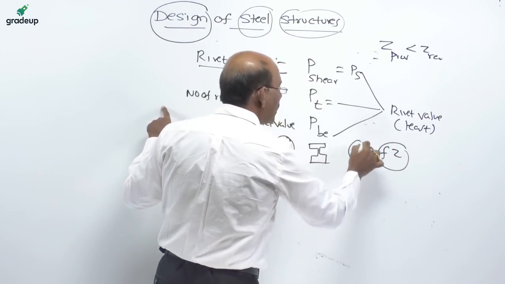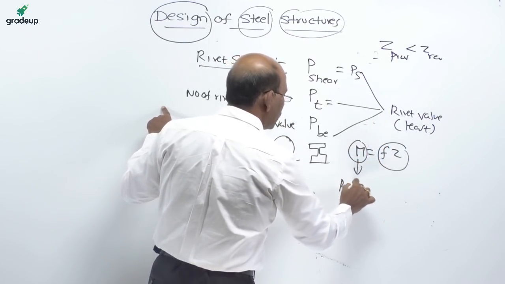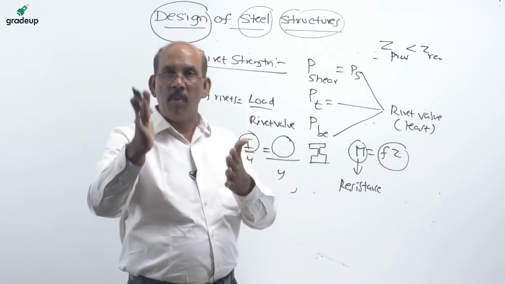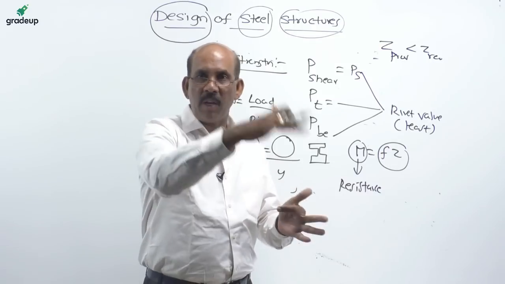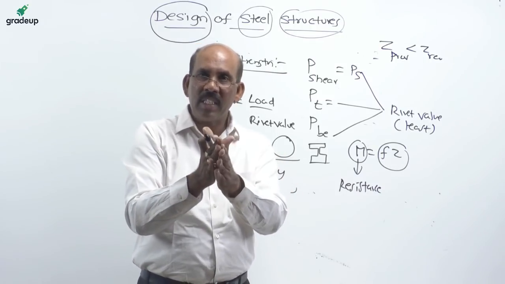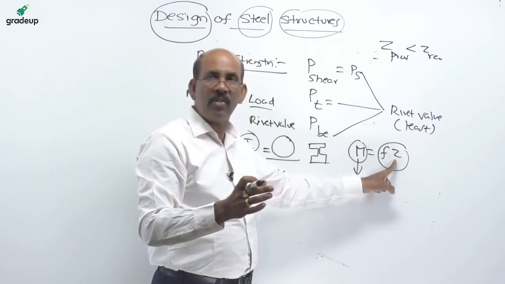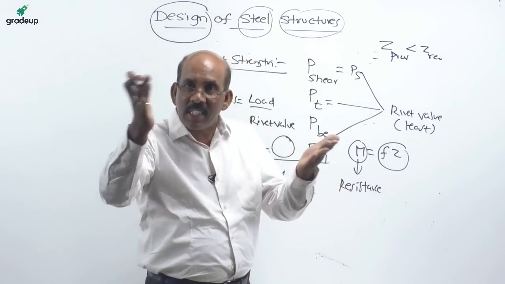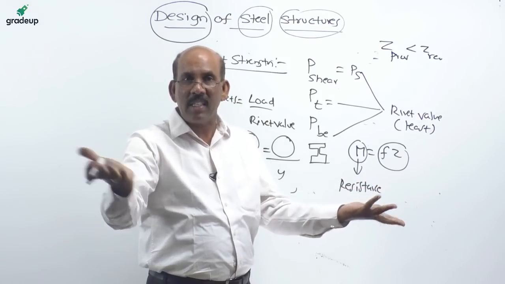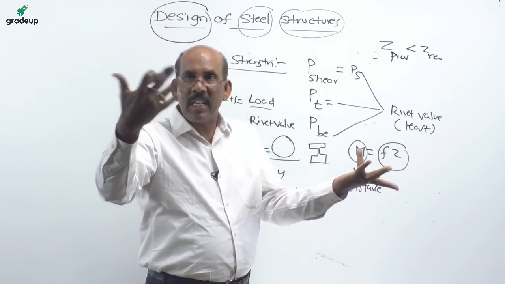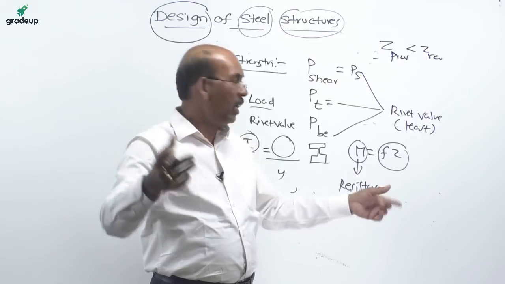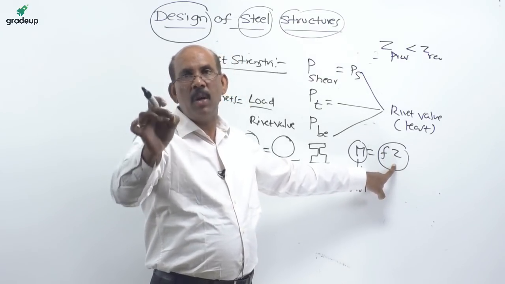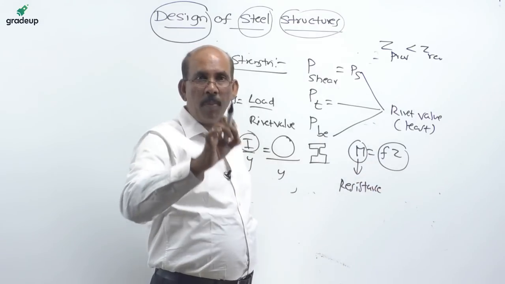The left hand side of this equation is the moment of resistance, which means resistance against the bending. If you choose a smaller value of Z, it indicates indirectly that our moment of resistance is less. Moment of resistance less shows that the bending is more or the section is going to fail. That's the reason Z provided must always be more than the required value.